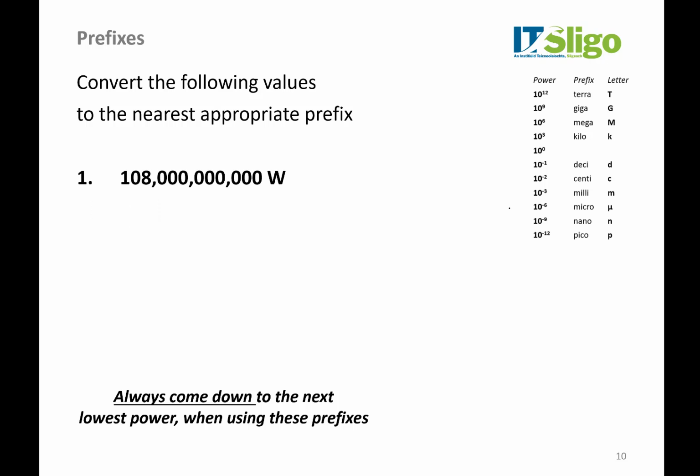So here, guys, I'll do it slow first, and then I'll work it out quick. If we write this in scientific notation, it's 1.08 by 10 to the power of 11. I hope you'll agree with that. Now, guys, the next available power, we don't hop up to 12. The next available power is 10 to the power of 9. We drop down to 10 to the power of 9.